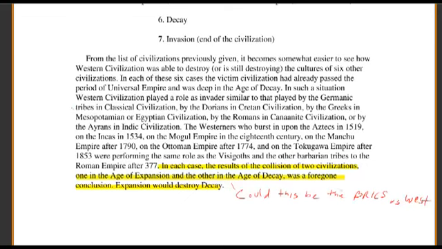In each case, the result of the collision of two civilizations, one in the age of expansion, one in the age of decay, was a foregone conclusion. The expansion would destroy decay.